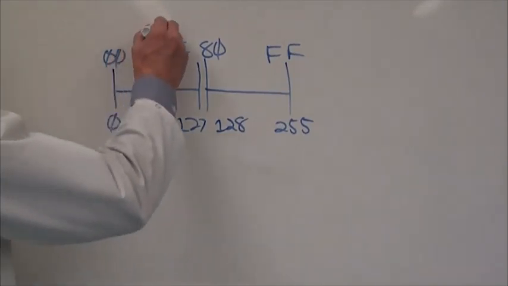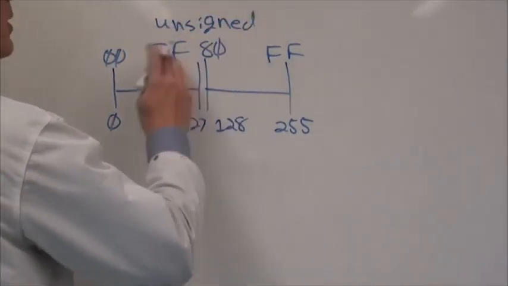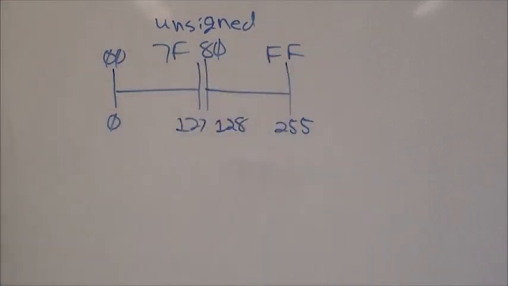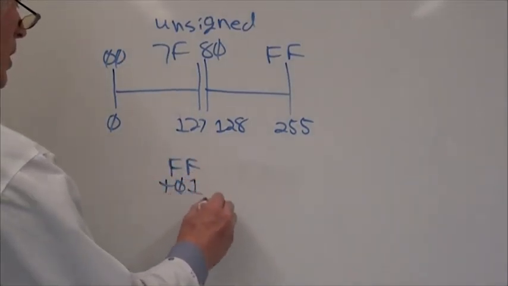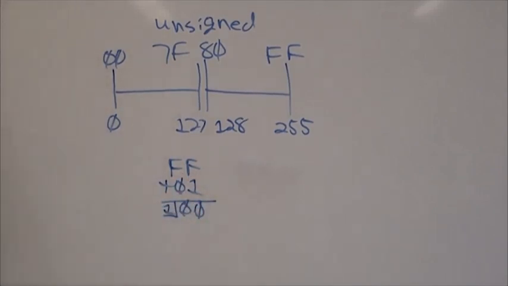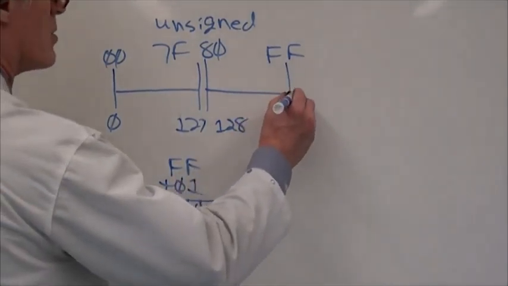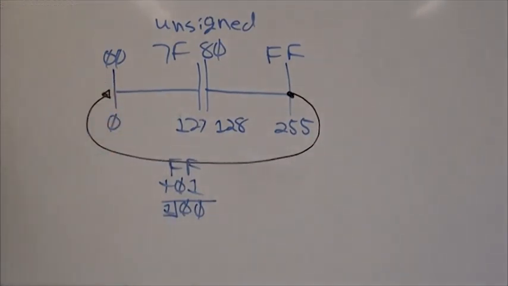Okay, if we look at our unsigned char line here, which is really a relationship between hexadecimal and decimal, what we find is that if we do certain calculations, we're going to run into trouble. Because if we say FF plus 1, and the calculation isn't that difficult, it's 0, 0 plus a carry. But what does this really mean? It means I had $255, say, I get another dollar, and now I've got only $0.